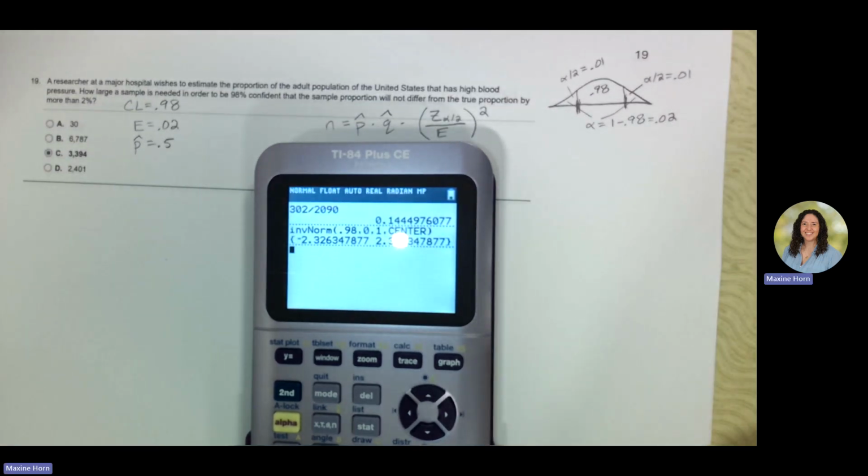Okay, all right, so we've got a z-score of 2.32.